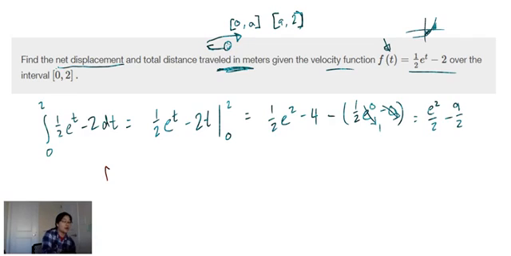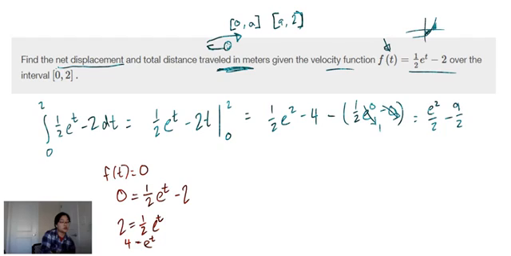Let's see. So f of t equals 0 when 0 equals 1/2 e to the t minus 2, so that's 2 equals 1/2 e to the t, 4 equals e to the t, so t equals natural log of 4.